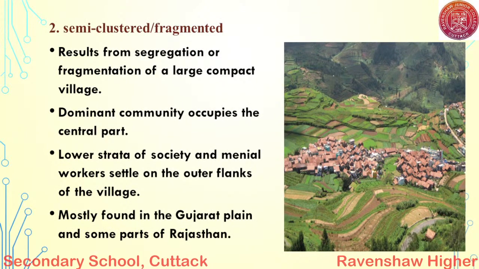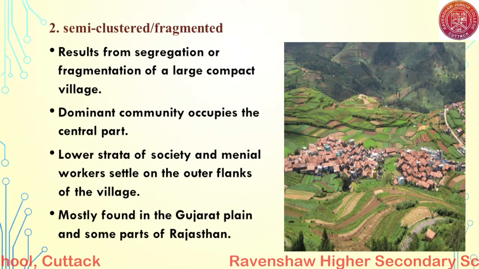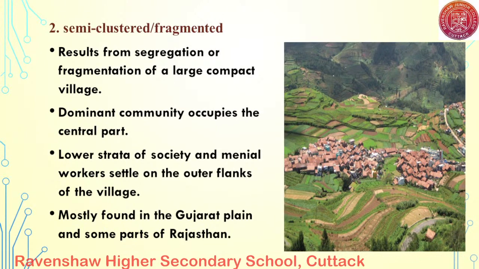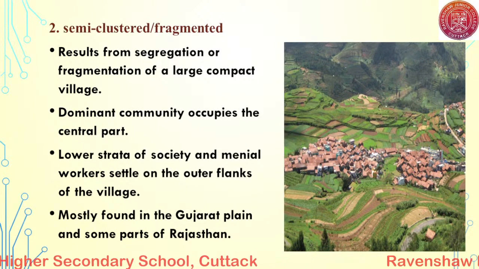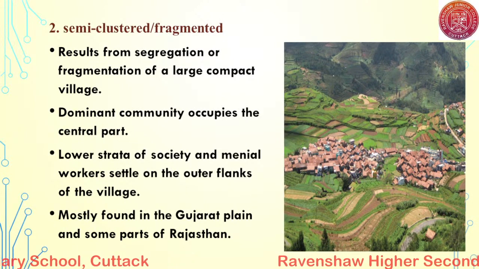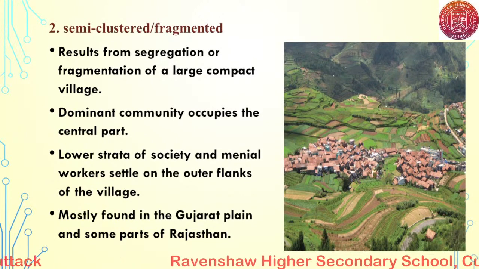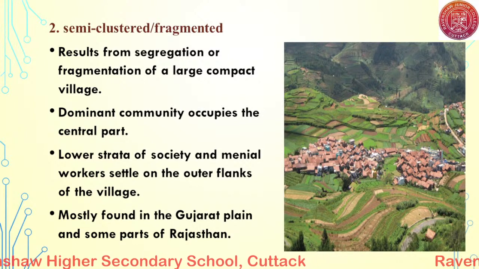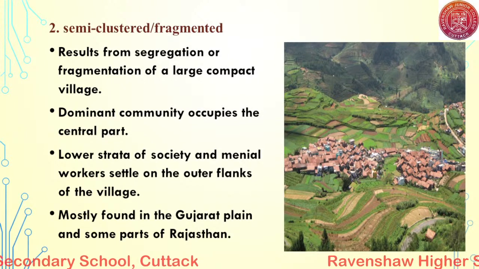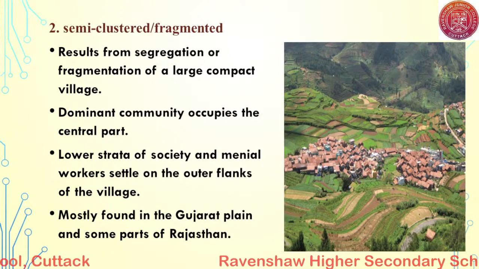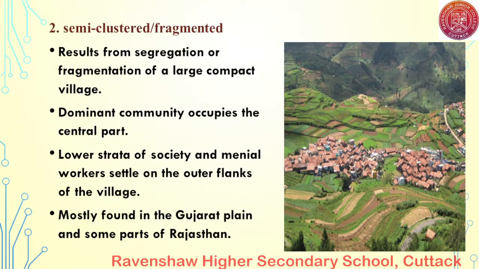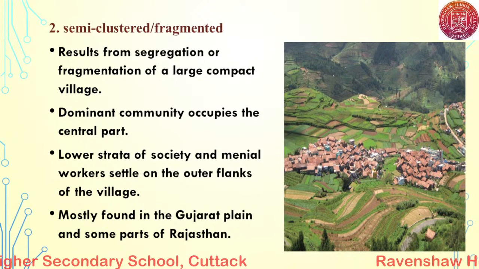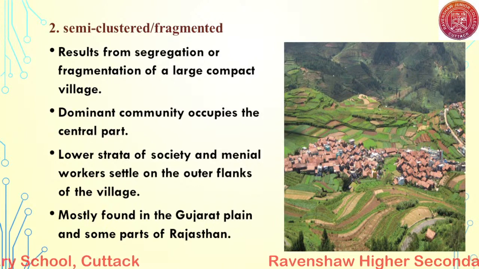Then the second type of rural settlement is semi-clustered or fragmented. Semi-clustered or fragmented rural settlements emerge from the segregation or fragmentation of a large compact village. When the large compact villages are broken or fragmented, then semi-clustered or fragmented rural settlements come in. In a semi-clustered fragmented rural settlement, the dominant communities occupy the central part.